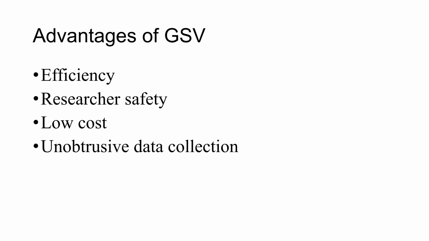In previous types of data collection, you would send your research staff into neighborhoods, where residents could see them, and not all neighborhoods are perfectly safe. So Google Street View allows you to do your data collection comprehensively across the US, but in an efficient and relatively low cost manner.